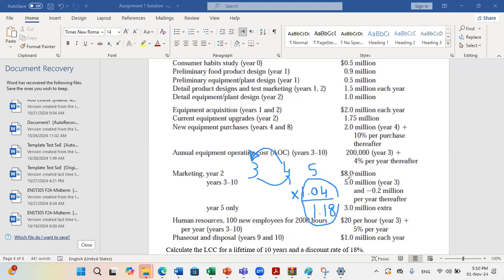Okay, and my summation will be, actually my summation is from 3, because before this year I'm not considering this, so I do summation from year 3 to year n.